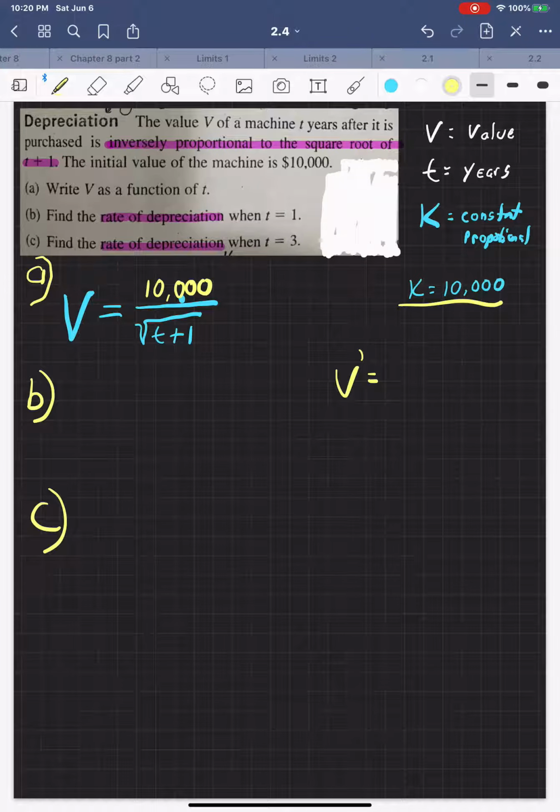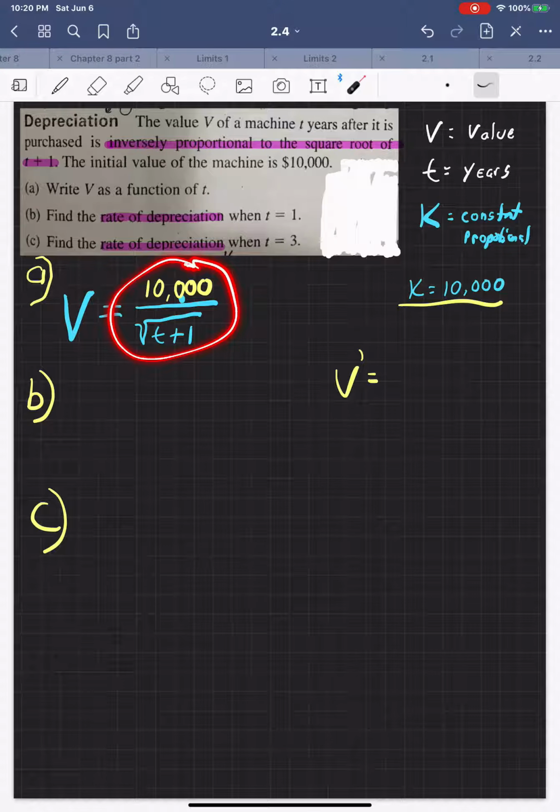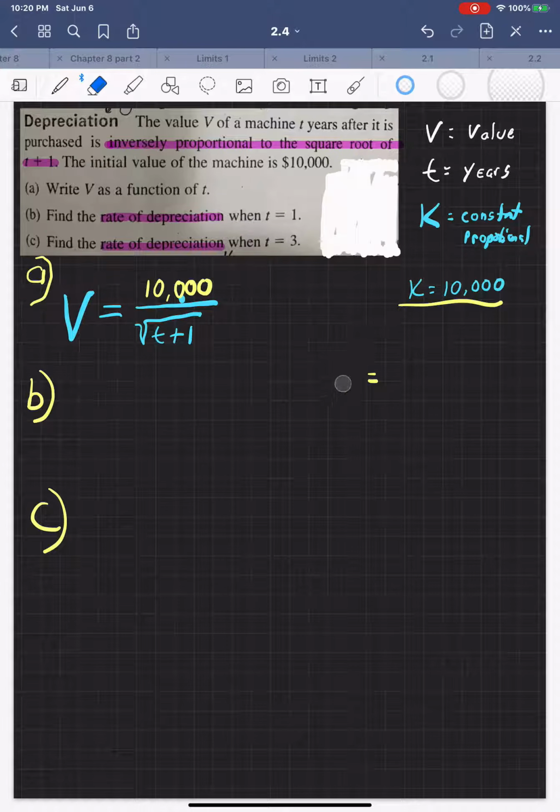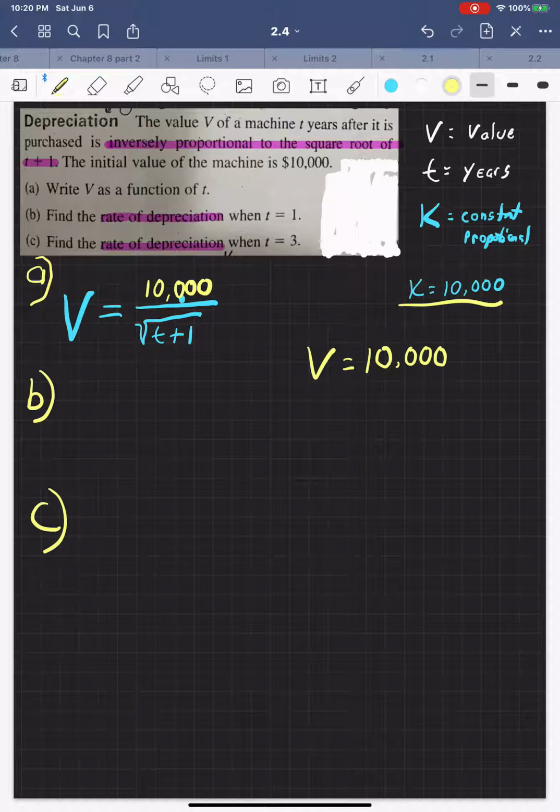All right, I'm hoping you are starting to get pretty decent at chain rule. But let's go ahead and rewrite that. Before I write V prime, let's rewrite V. First thing I could do is rewrite this as 10,000. Please allow me to do this in one step.